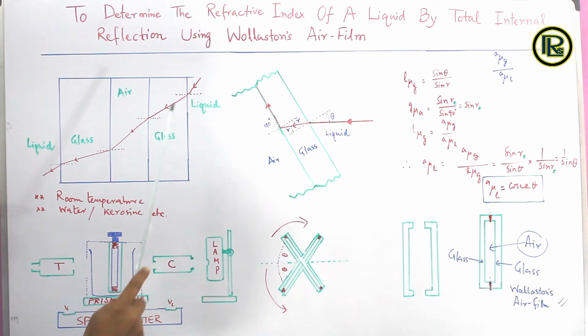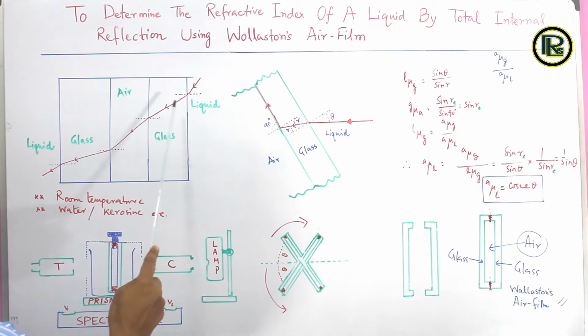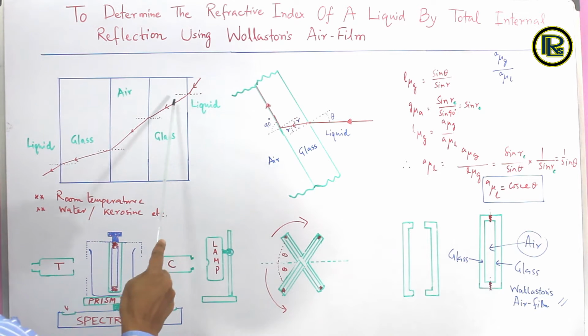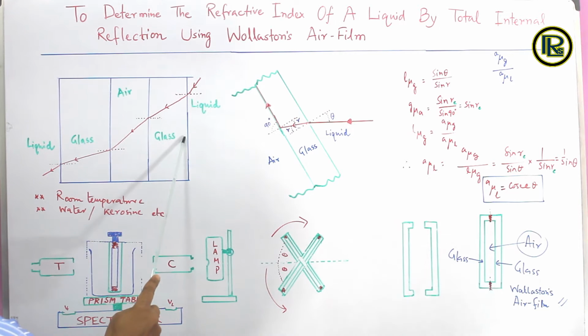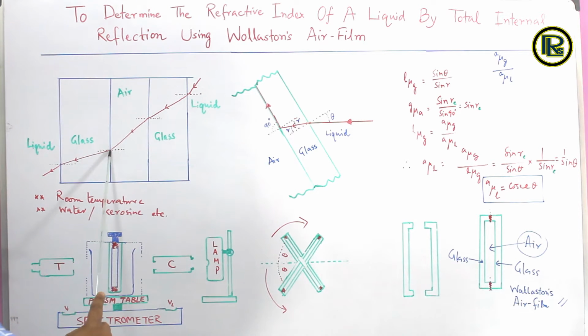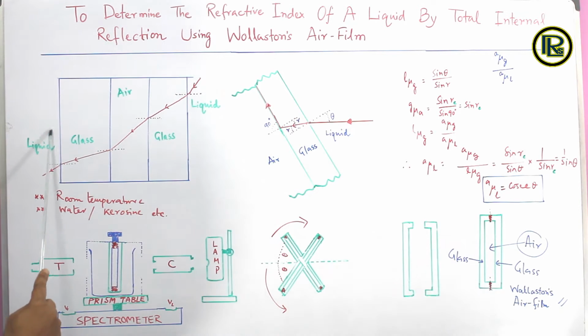If we make the light incident on this interface of glass and liquid, then there will be a refraction. Now again, at the interface of air and glass, there will be another refraction. And at the interface of glass and air, there will be another refraction. And at the interface of the liquid and the glass, there is another refraction.